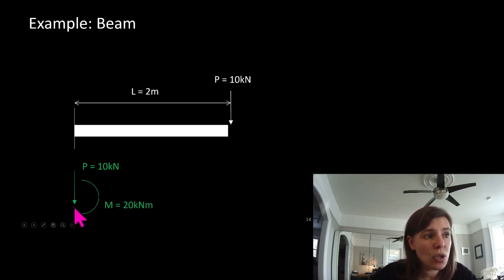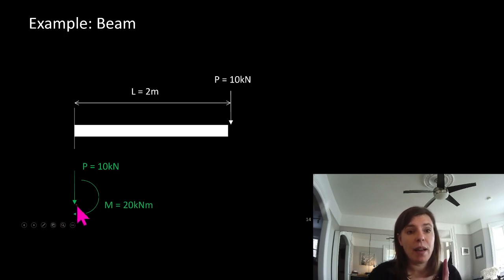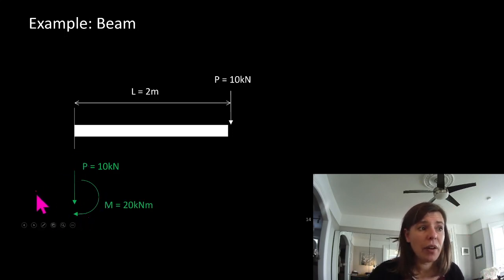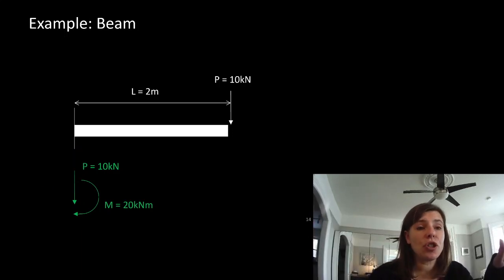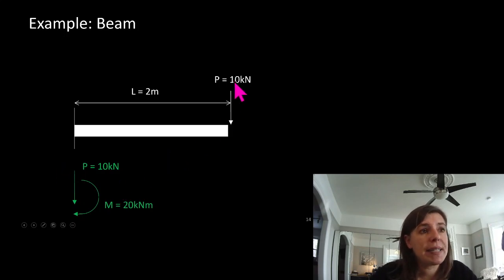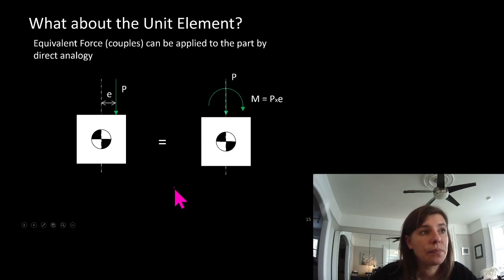So last term we calculated that there would have been a 10 kilonewton upward reaction and a 20 kilonewton meter moment reaction in that direction. So this is just showing us the force, not the reaction. But this 10 kilonewtons, 2 meters away from this point right here, is the same as 10 kilonewtons through that point with a 20 kilonewton meter moment about it.